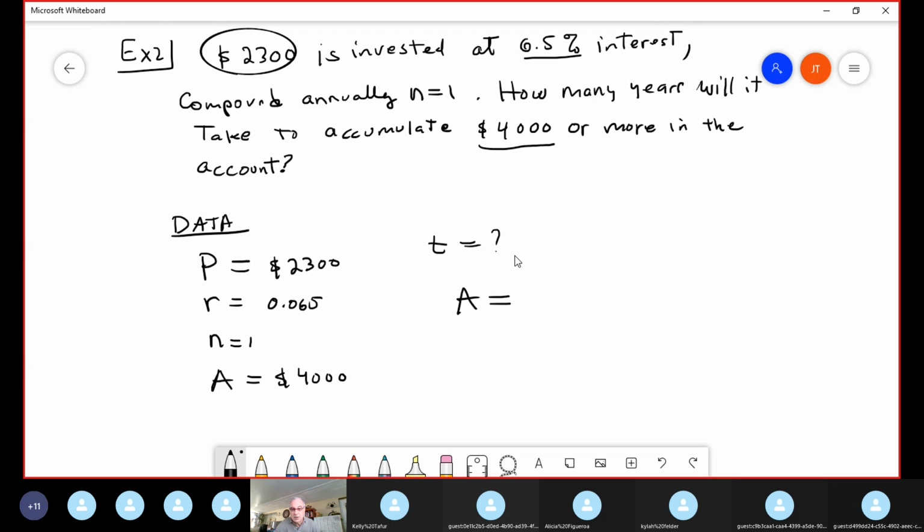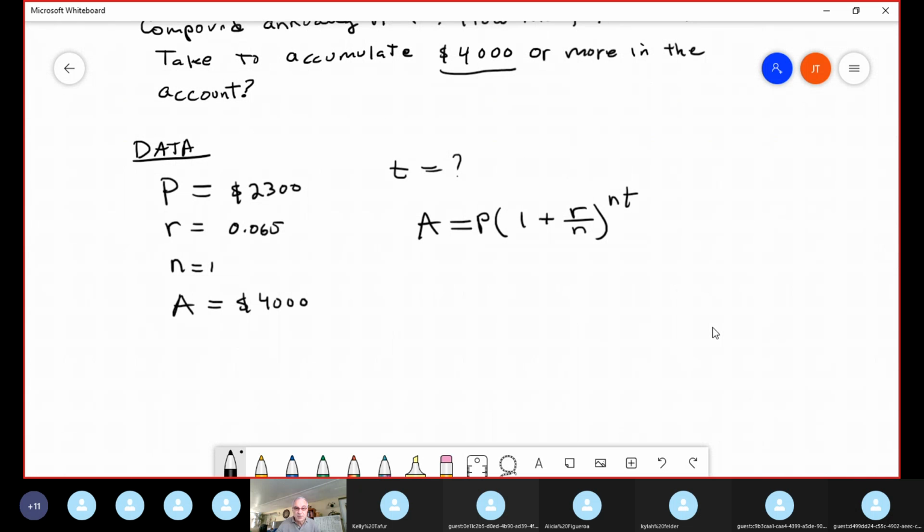I copy my famous formula. Future value is equal to P times (1 plus R over N) to the NT. I forgot P here. This is my formula. Plugging into the formula, A is 4,000, equal to 2,300 times (1 plus 0.065 divided by 1, because N is 1, so it's invisible) to the NT, where N is 1, and T is the only unknown we have in the problem.